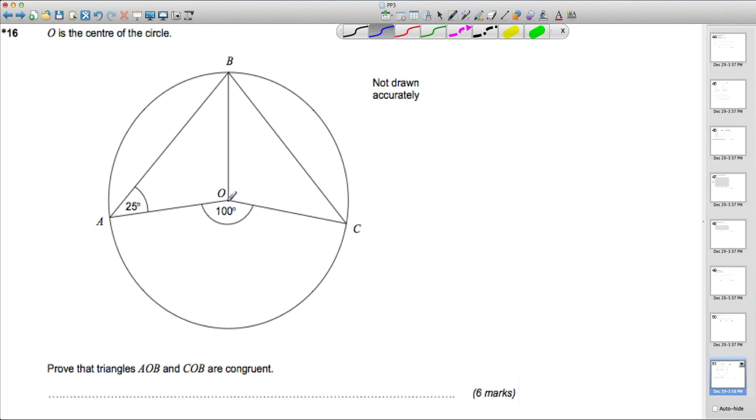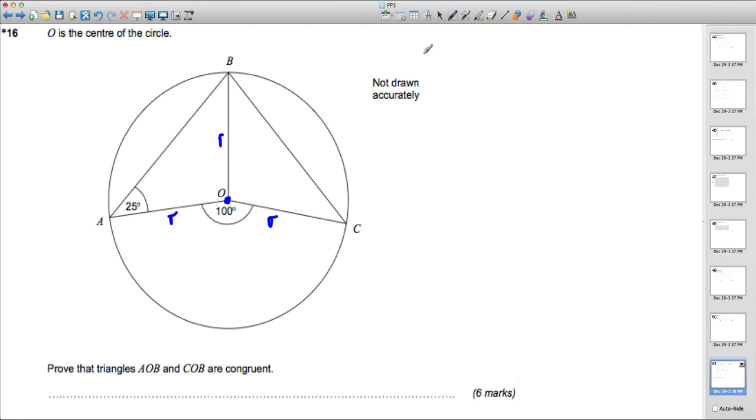So if that's the centre of a circle, that is the radius, r, and that must be a radius, so that must be r. And similarly, this here must be r, and this is r. So we have shown that they have two sides that are equal to r.